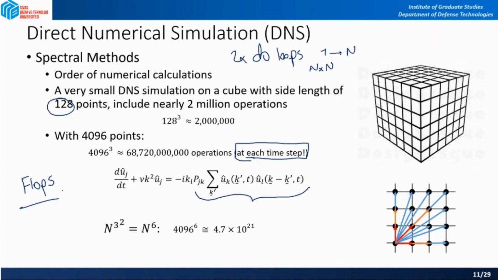So this is actually that thing. You have to do this much, 68,720 millions of floating point operations at each time step. That's why we need supercomputers to do these flops much faster for us and to resolve better in time, because you need to have a very, very small time step as well. So, Umit will present those things today to us about this cube.